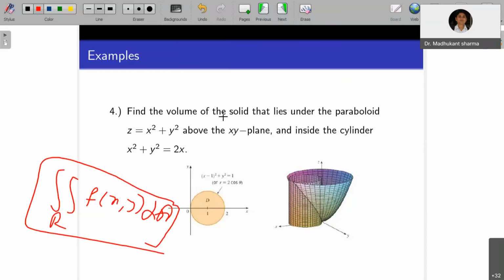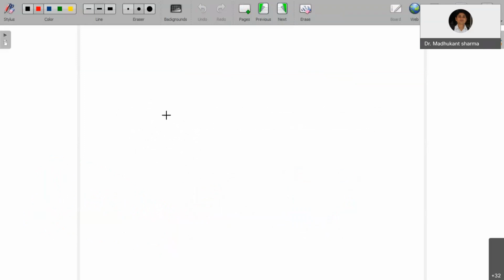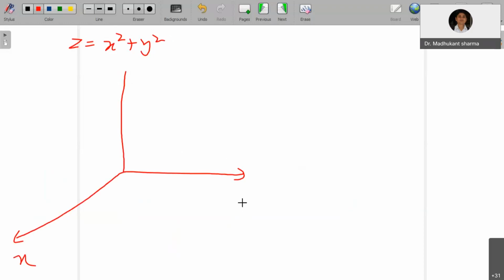Now, what is given is z equals x square plus y square. It's a paraboloid. So in x, y, and z, you will have something like a circular bowl.